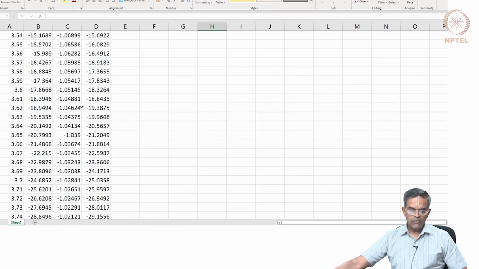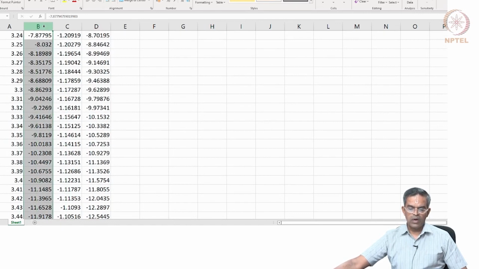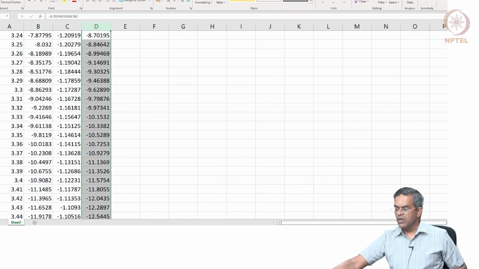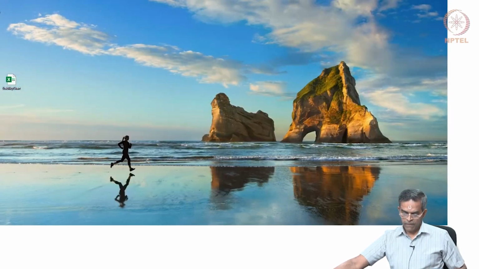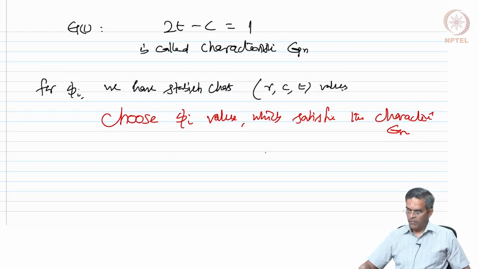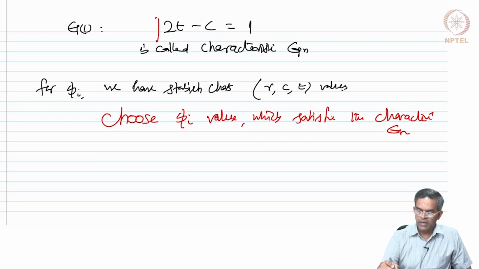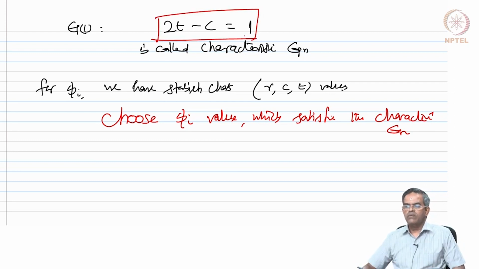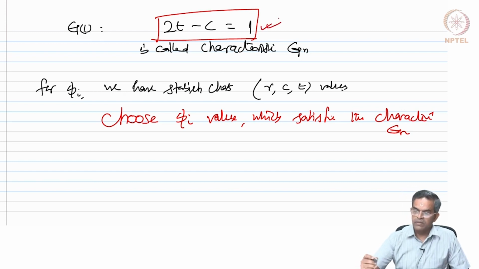The first column refers to R, T and C. So, these are the values. So, what I should do for this control equation to be satisfied, I must choose a phi value. It is very difficult, no? It is very difficult to scan the entire table to satisfy this equation.